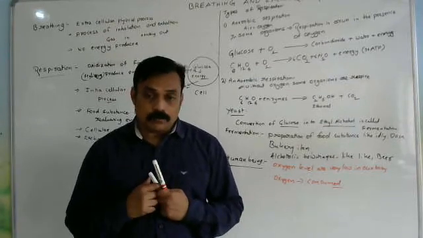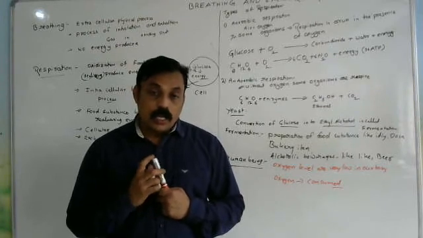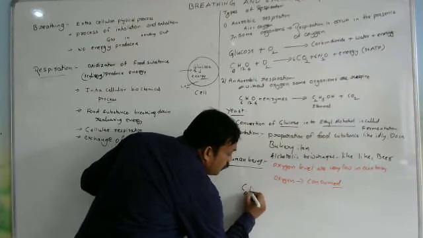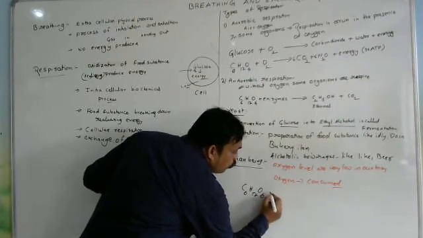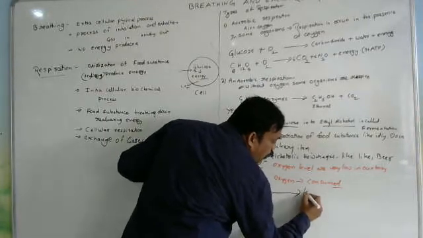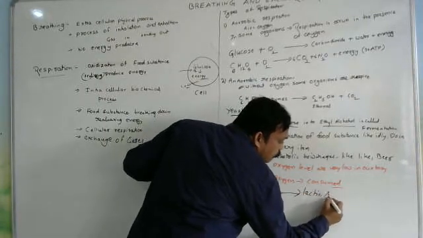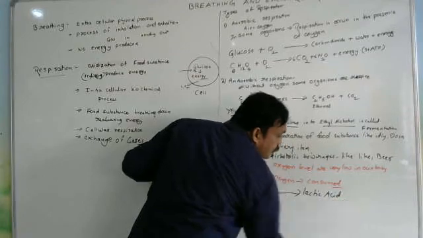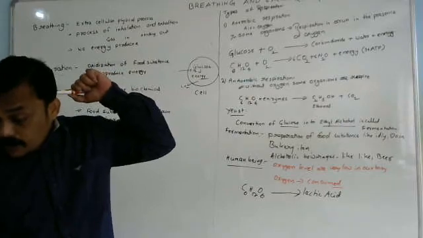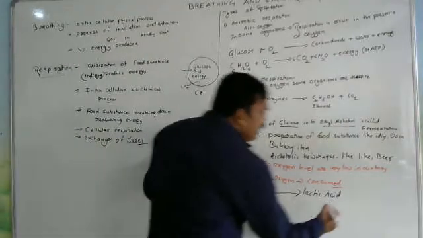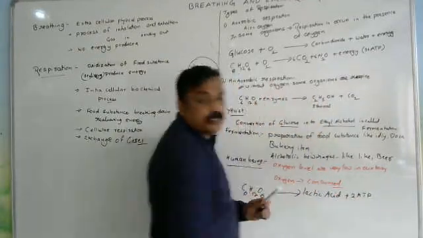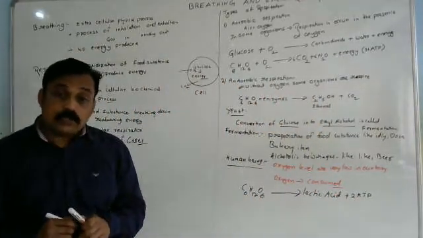Without oxygen, the glucose molecule C6H12O6 converts directly into lactic acid, and a little bit of energy, 2 ATPs.